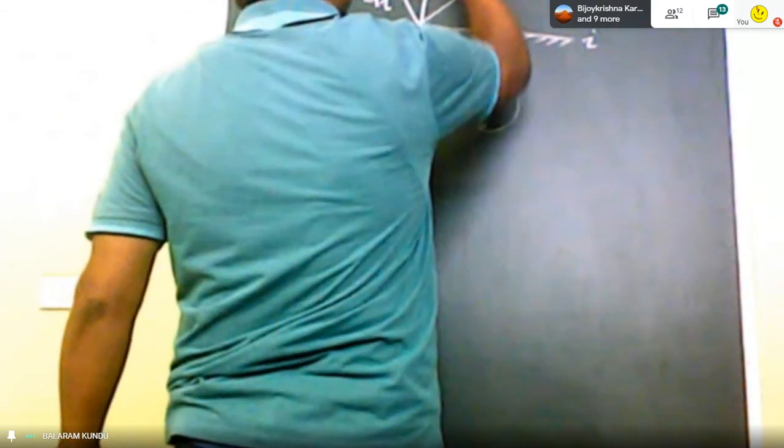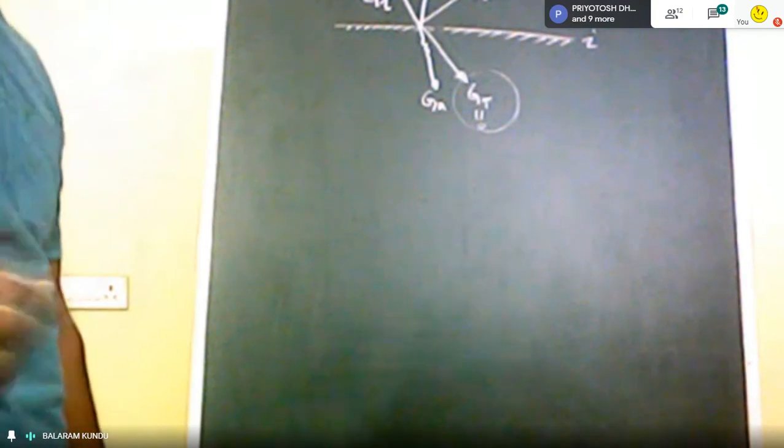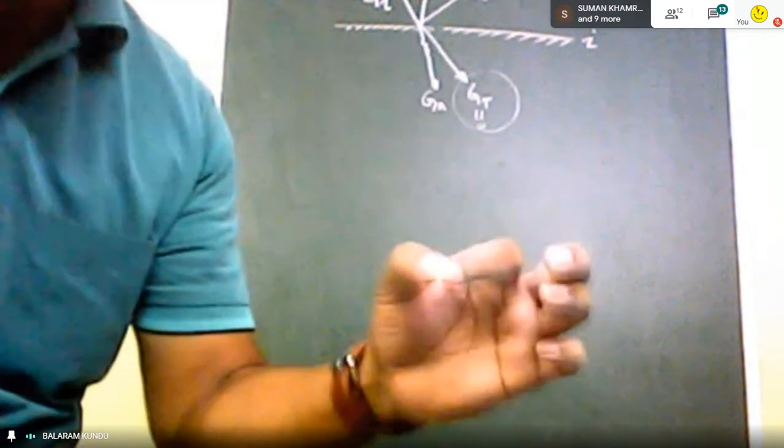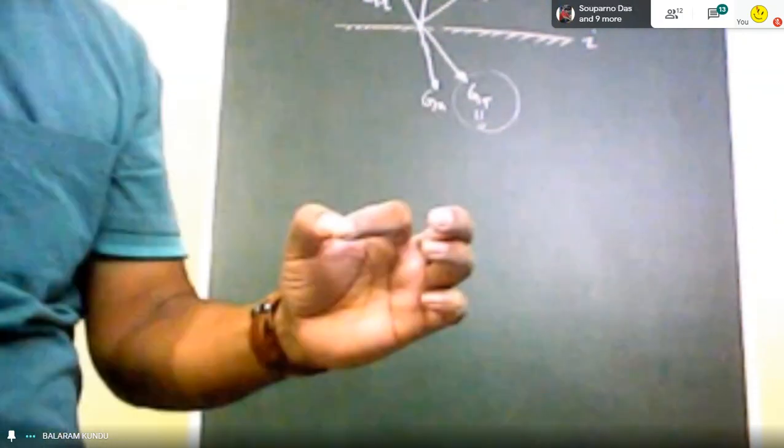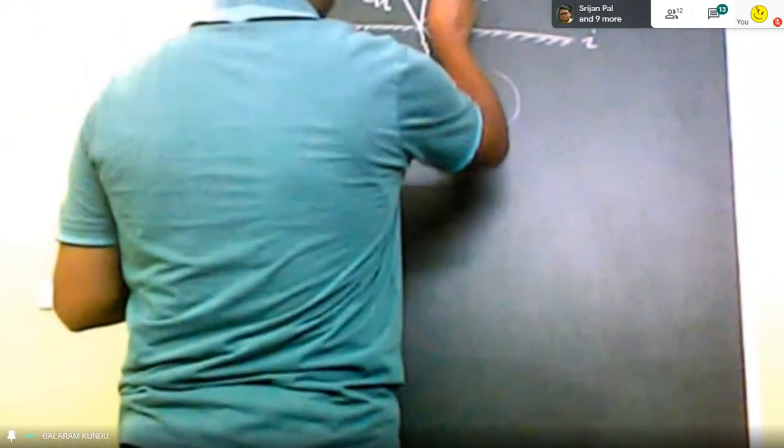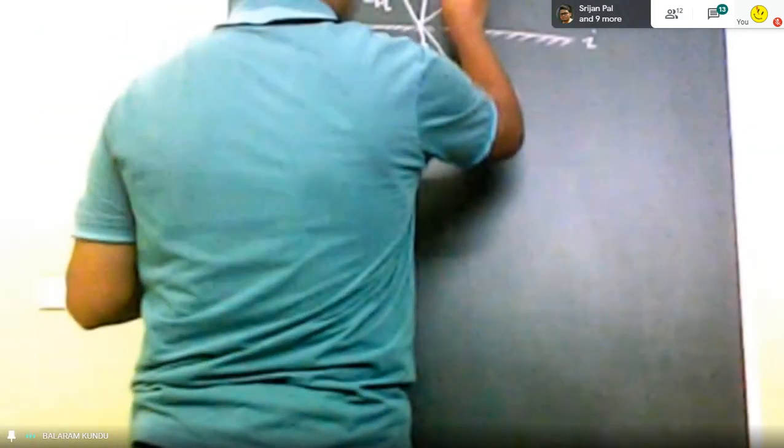It is denoted by capital J. So capital J is the radiosity of a surface.